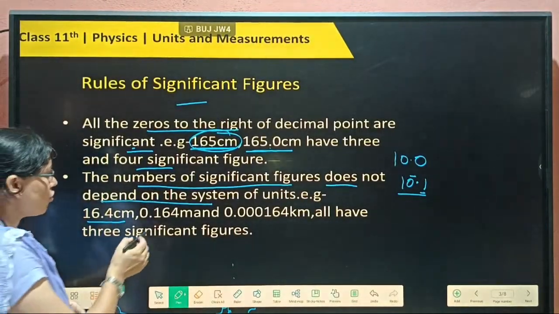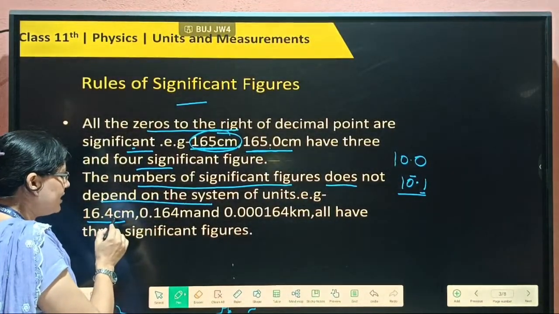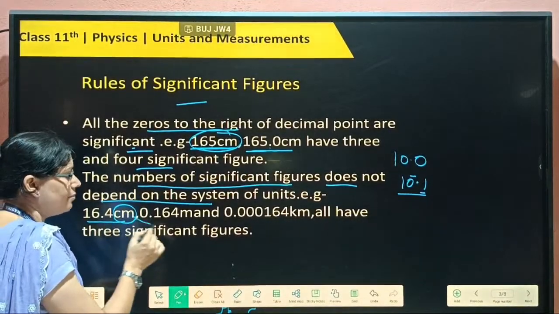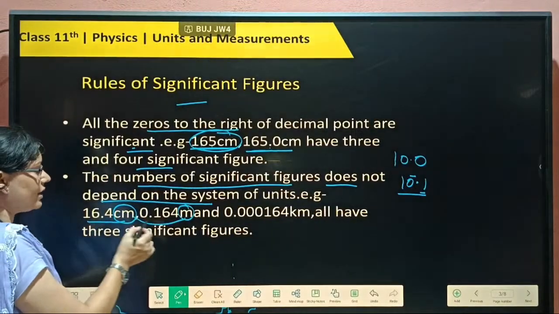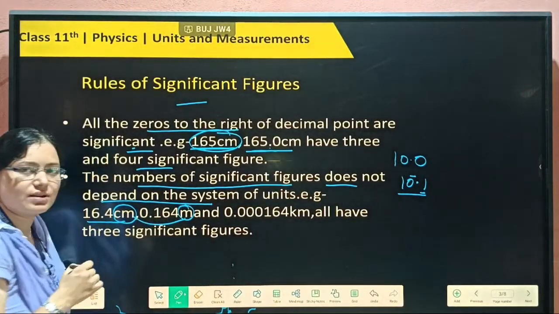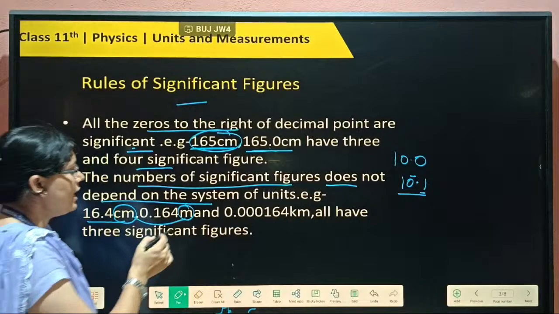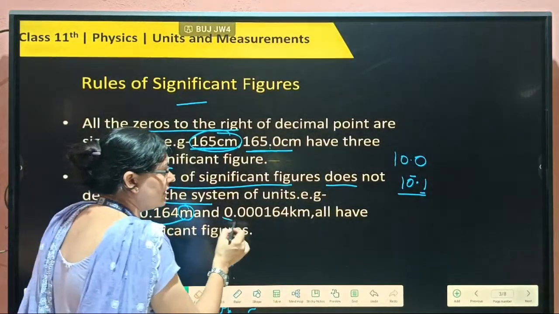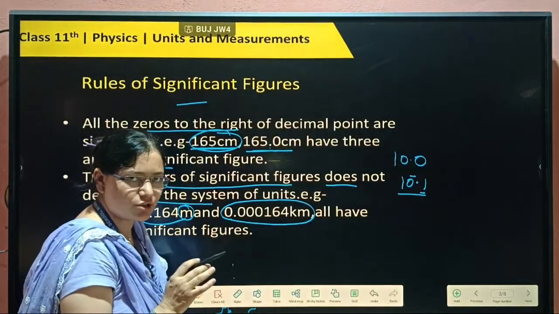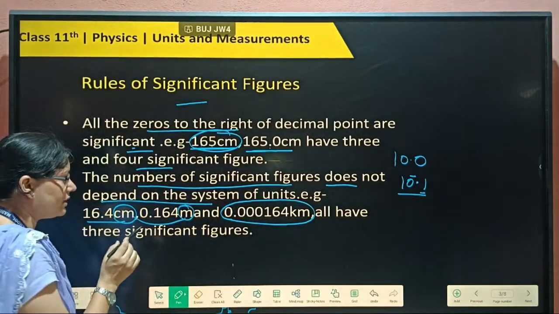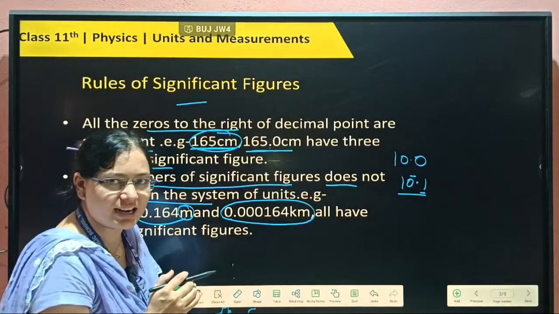We can convert this centimeter into meter, and write this number in meter in this form, 0.164. And the same number we can convert into kilometer as well. Yes or no? Here the number is the same, but we are changing the system of units.